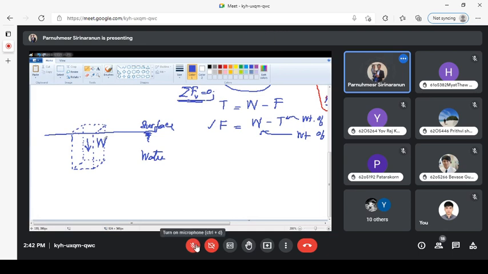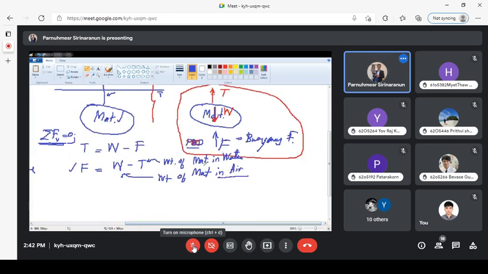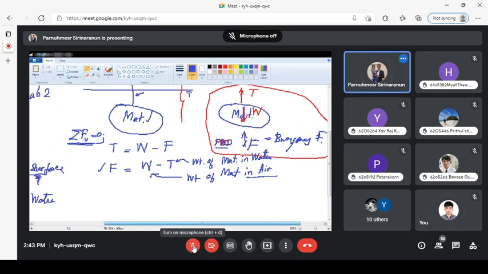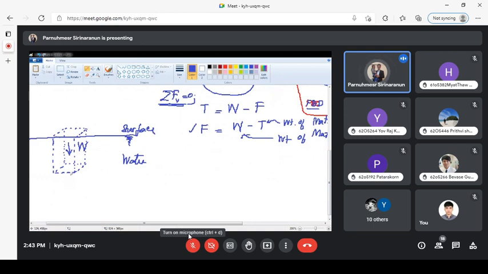Yes. And under this box, when you use the concept of your free body diagram for this material, what acts on this? Yes. So this box of water has buoyancy force.